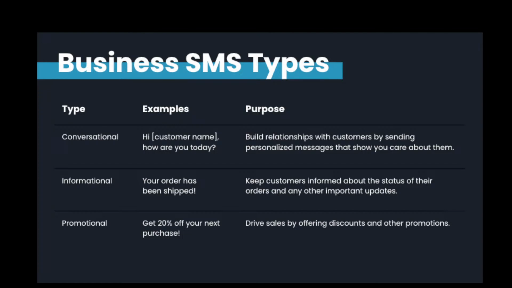Informational messages are used to provide customers with information about products, services, or events, and can be used to announce new products or updates on existing products. Typically, these are used to educate and keep the customer informed. Promotional messages are used to promote products or services to customers and can offer them a discount, coupon, or other incentive to encourage the customer to buy. Essentially, it's a great way to boost your bottom line.